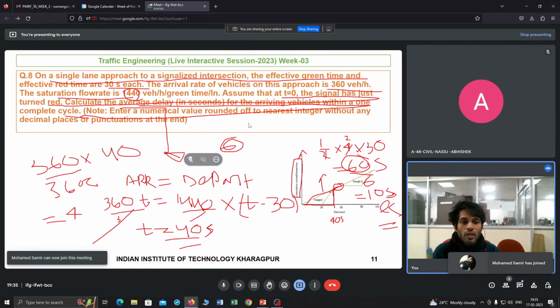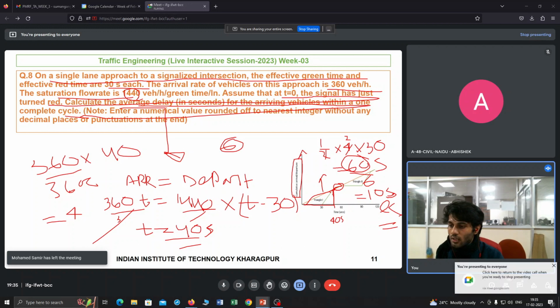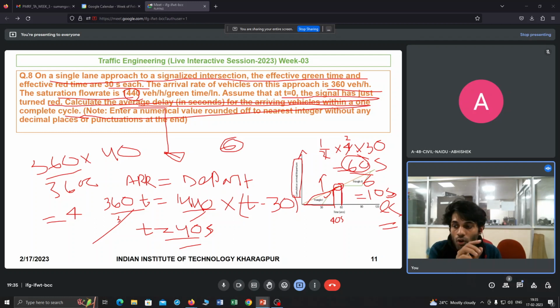So the total delay for this section is 60 seconds. But what they said is the average delay for the arriving vehicles. Even if these vehicles are not facing direct delays, for that cycle, what is the average?